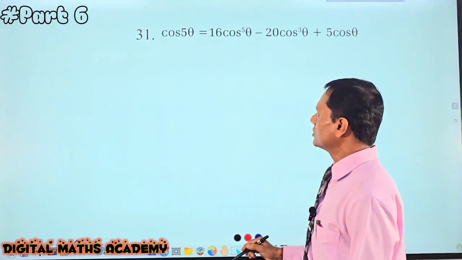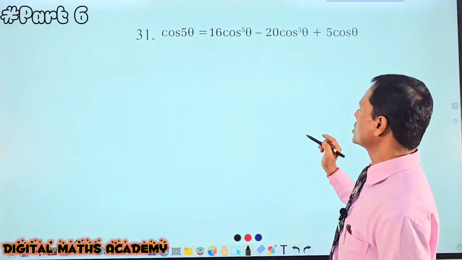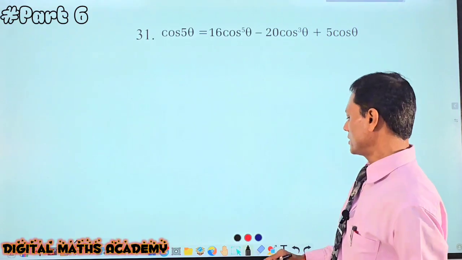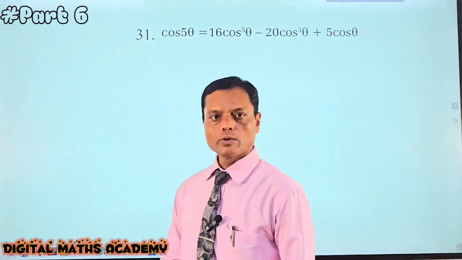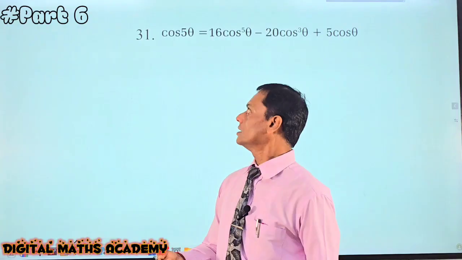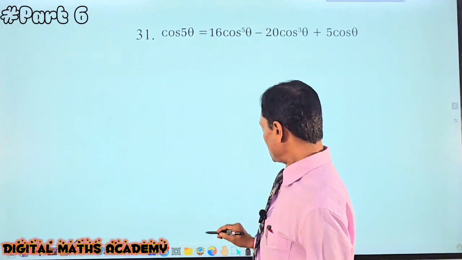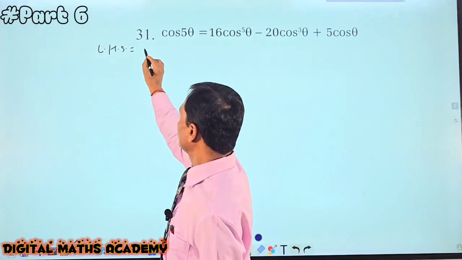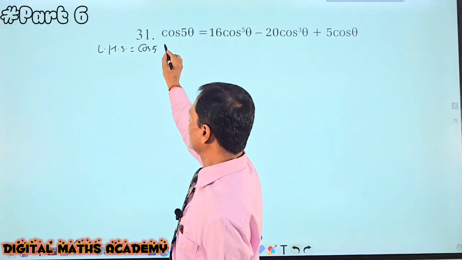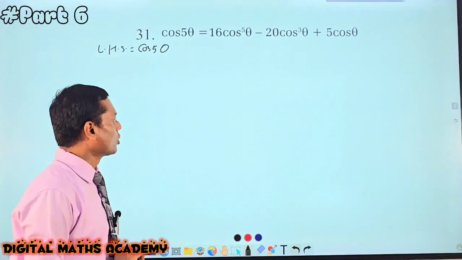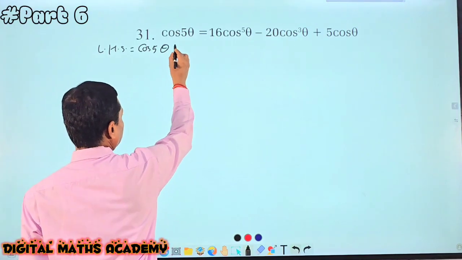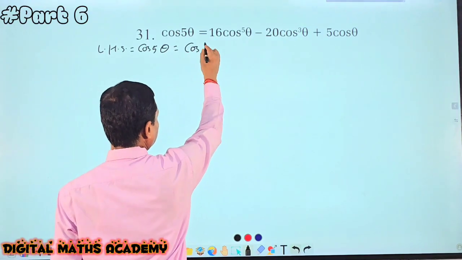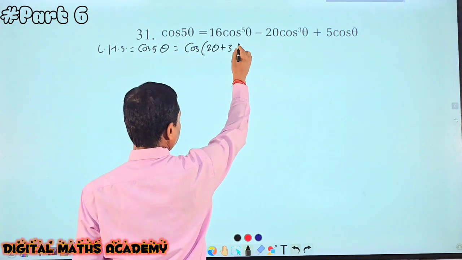Cos 5 theta equals 16 cos to the power 5 theta minus 20 cos cube theta plus 5 cos theta. We can solve it as we have done identity number 30, right? So here also we are going to choose the left hand side. So on the left hand side we have cos 5 theta, correct? And cos 5 theta we can write as cos of 2 theta plus 3 theta.